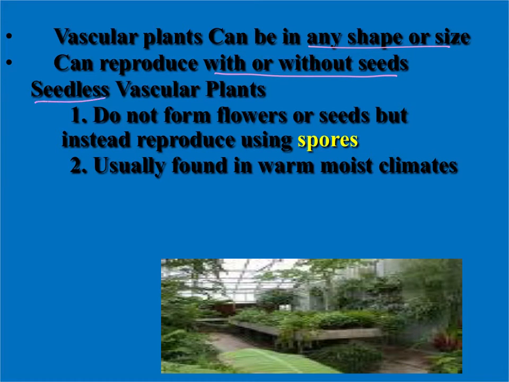Seedless vascular plants do not make flowers or seeds, but they reproduce using spores also. This is usually in warm, moist, very tropical climates.